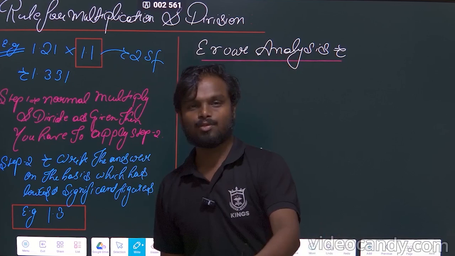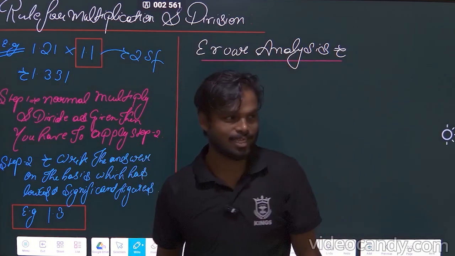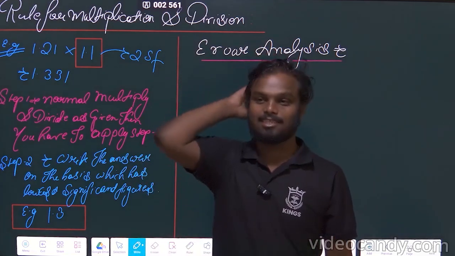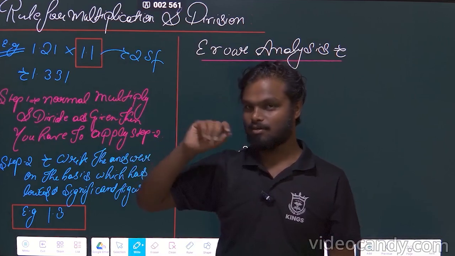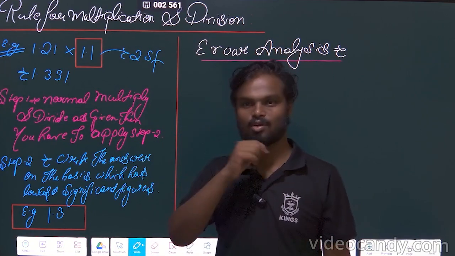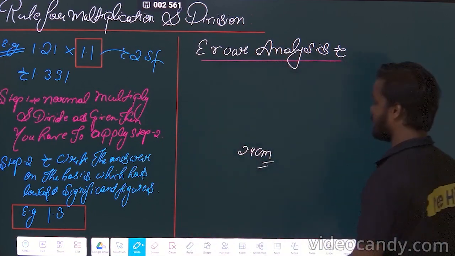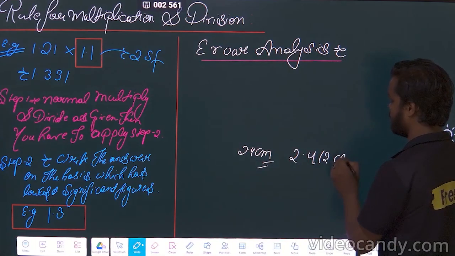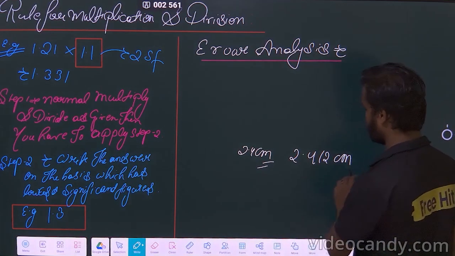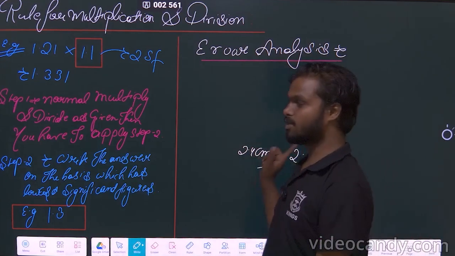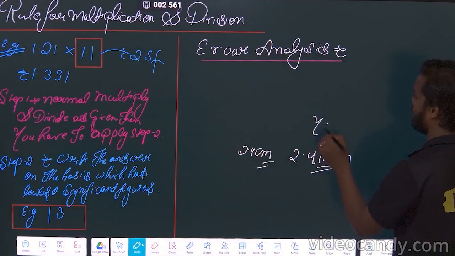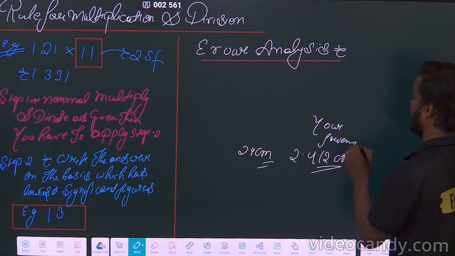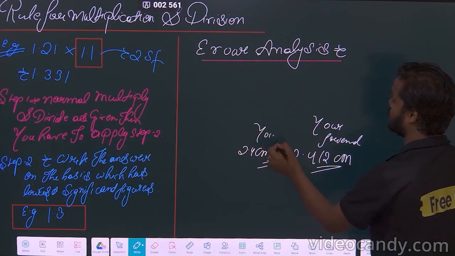I give it to one of your friends, she measures the length of that rod and calculates the length as 2.12 centimeter. This is the length calculated by your friend, and this is the length calculated by you.